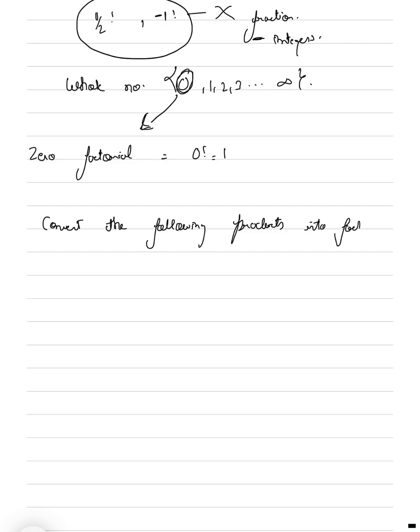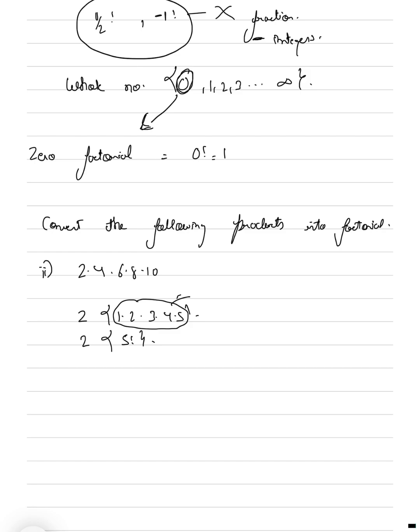I'm just giving two or three examples, so let me make it clear: 2 4 6 8 10. Taking 2 common from here, we have 1 dot 2 dot 3 dot 4 dot 5. I already told you that this is the continued product up to 5, so it is going to be 5 factorial.